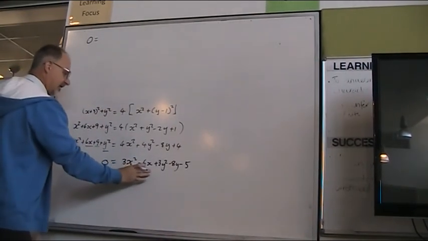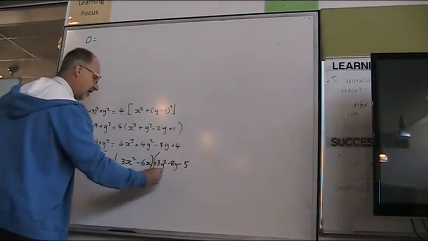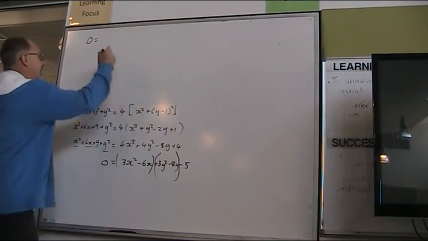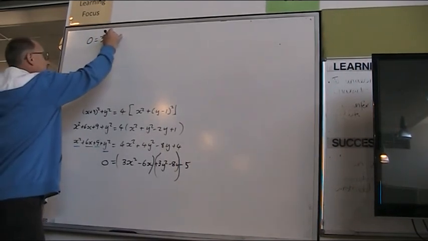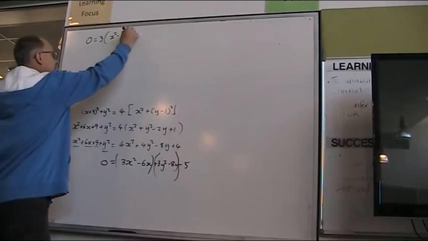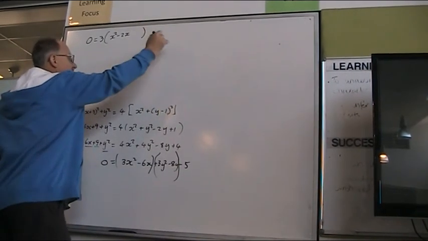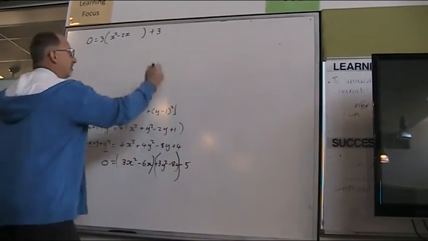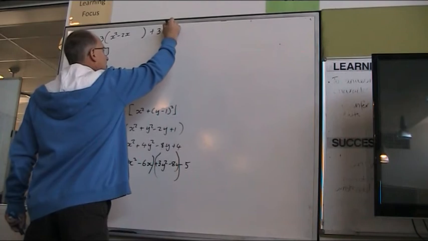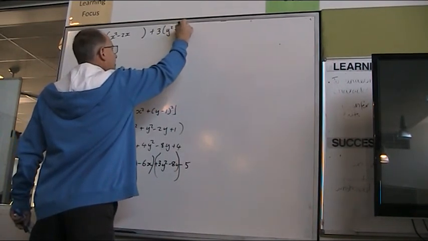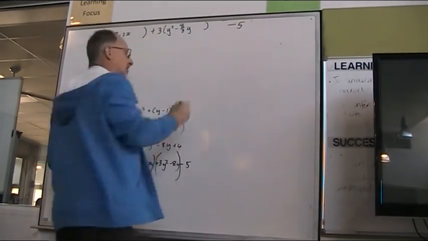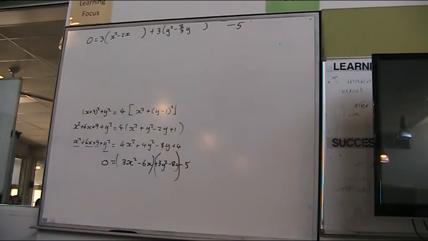I'm going to split those up into those two bits. I'm going to take 3 out as a common factor to leave x squared minus 2x, and I'm going to complete the square with that stuff. I'm going to take the 3 out as a common factor from the y stuff, minus 8 over 3 y. And I'm going to complete the square with those things.